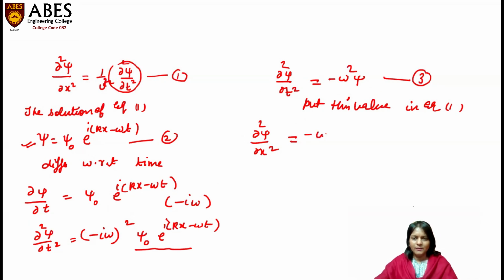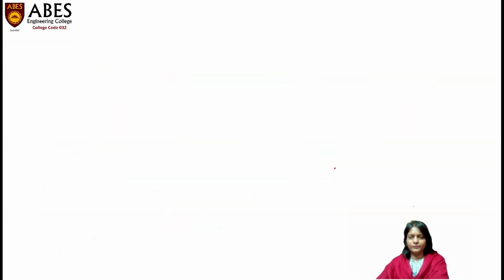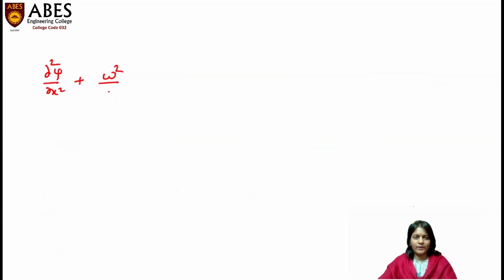It becomes minus omega square upon v square psi is equal to 0. So this equation becomes del 2 psi over del x square plus omega square upon v square psi is equal to 0.